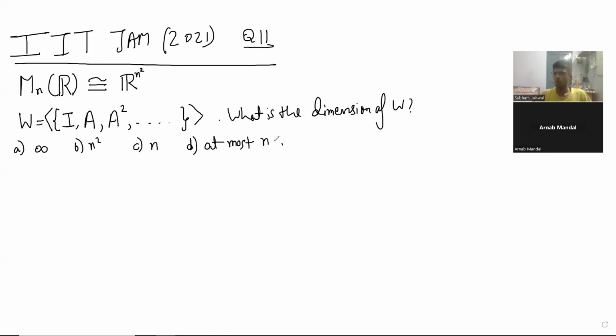So tell me whatever you can about this. I think it would be n. Okay. Now first try to check by yourself. Think for a few minutes and then tell me. Think and say.